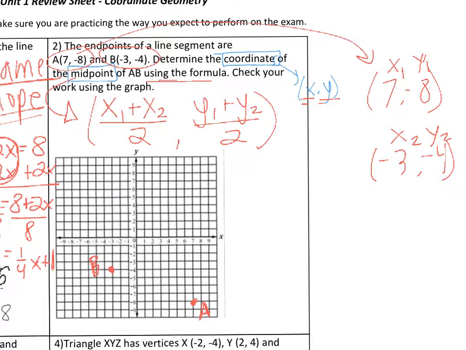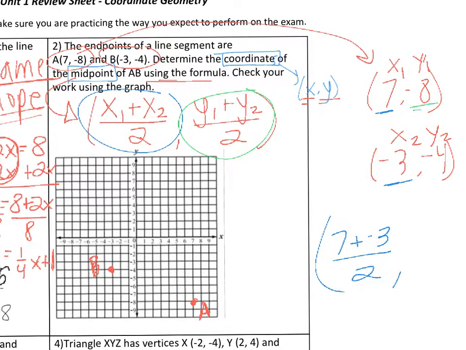The first part of our formula said to add the two x values, 7 and -3, and divide that by 2. The second part said to add the two y values, -8 and -4, and divide that by 2 to get our ordered pair.